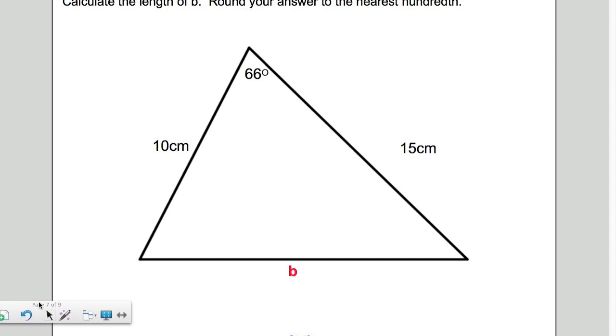So here we want to solve for b. First thing, check: can I do the sine law? No. I'm looking at it, I've got two sides and I know the angle in between, so I can't do the sine law. So how do I get b? Cosine law. So how do I do it for b? Thank you, Amy, louder.